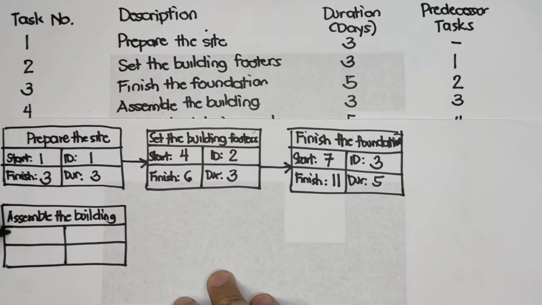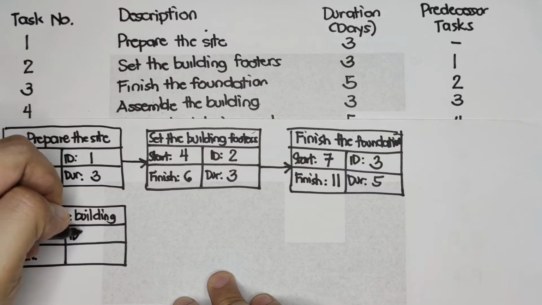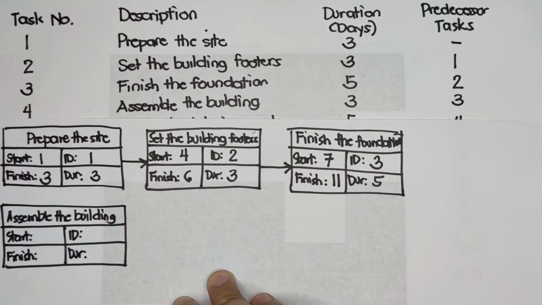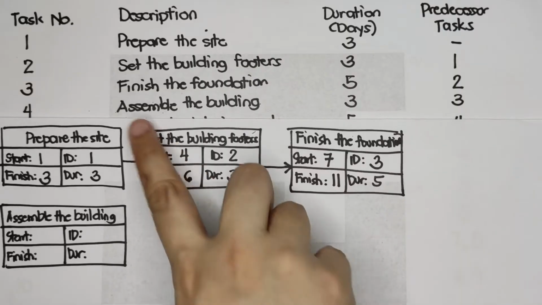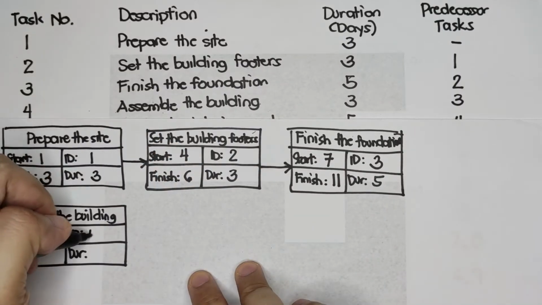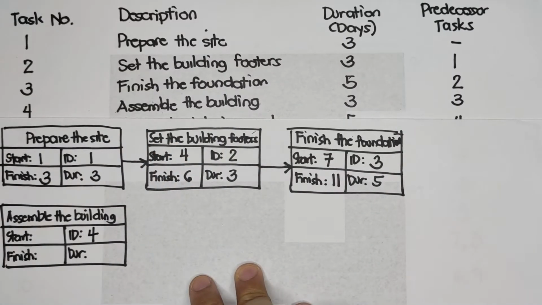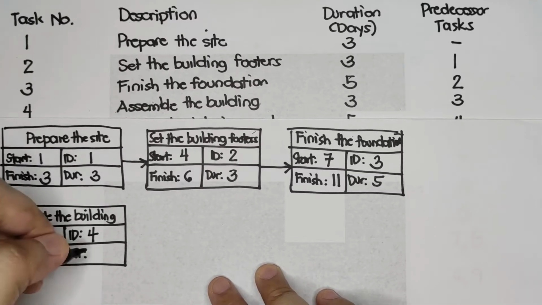We have start day, finish, ID, and duration again. Assemble the building is ID 4. Then the duration is 3 days.